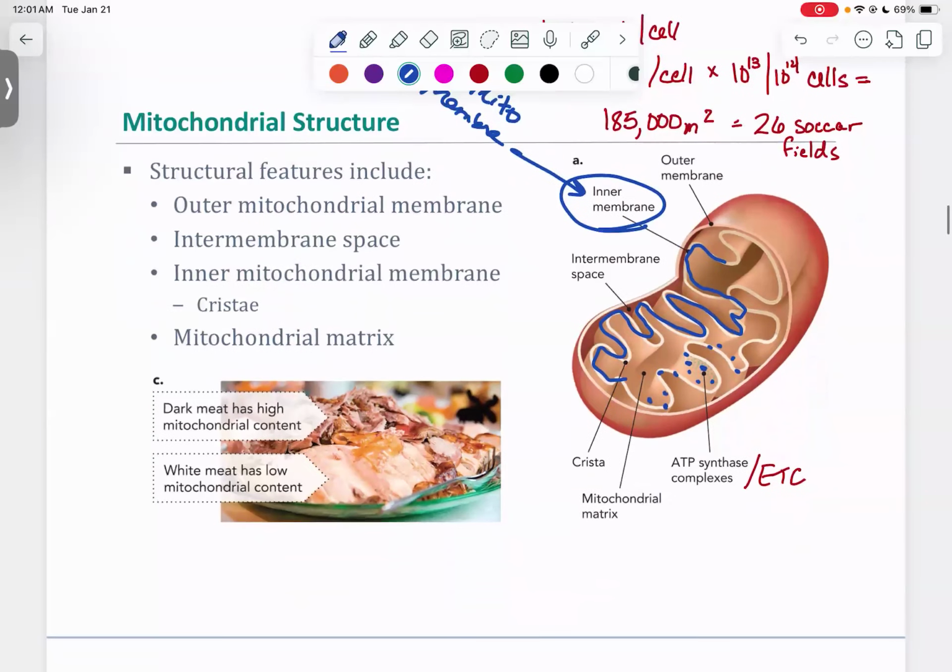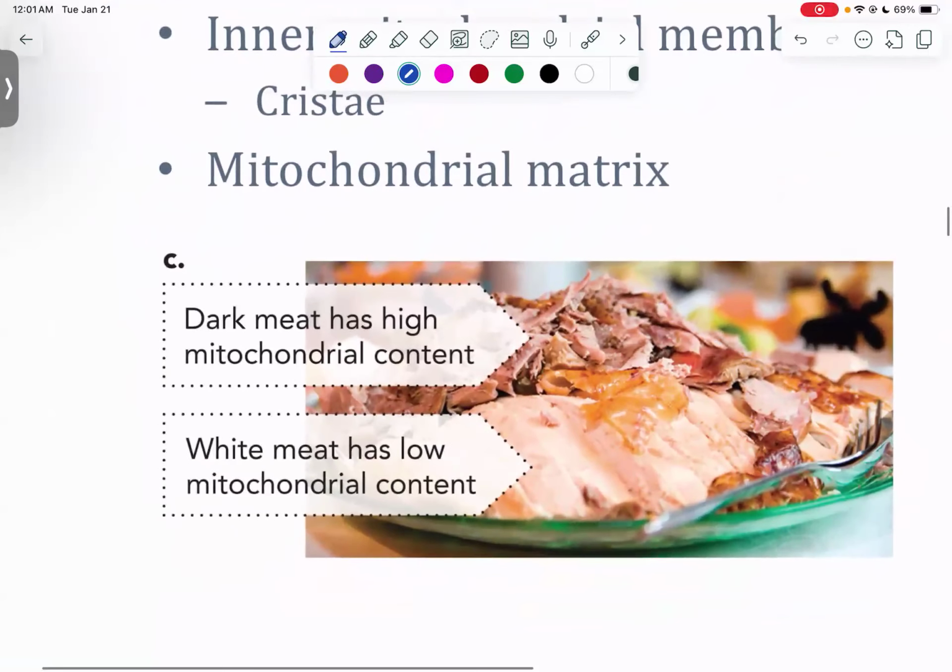And if you look at different animal species, the more the muscle has to work, the more difference in cellular composition, right? So dark meat is tissue that has to have a high mitochondrial content because it's going to be doing exercises that require oxygen.